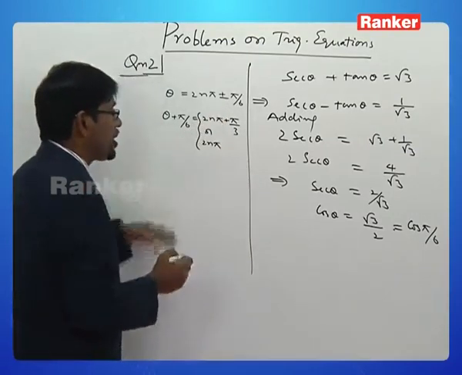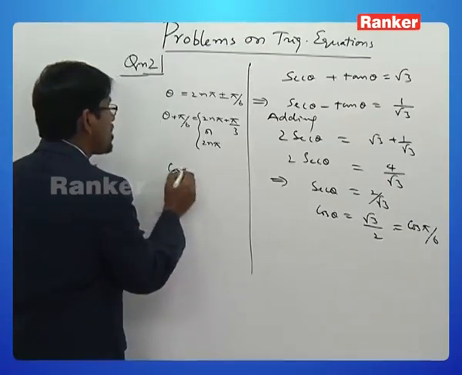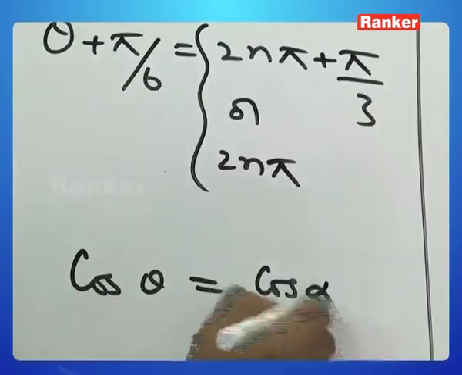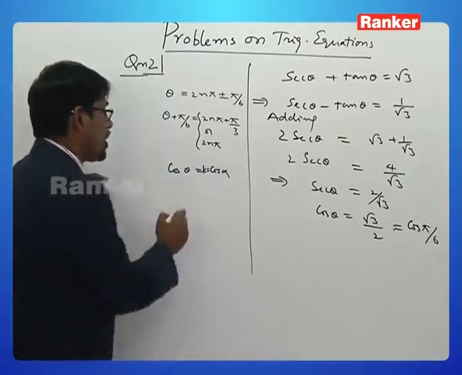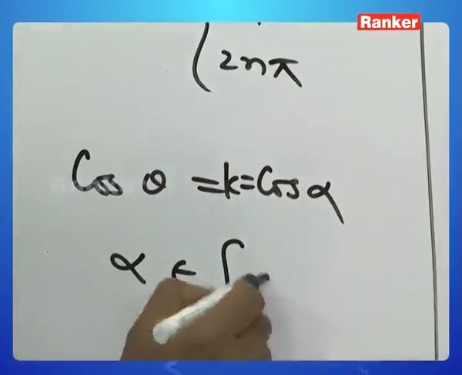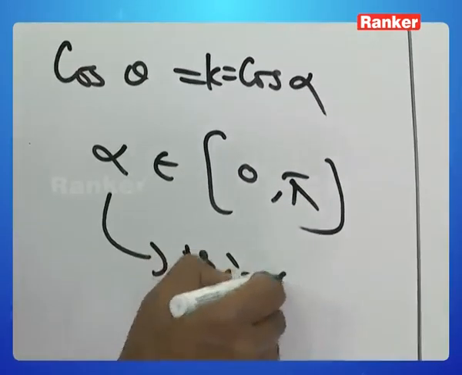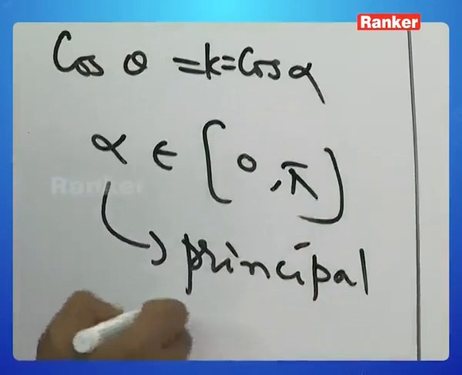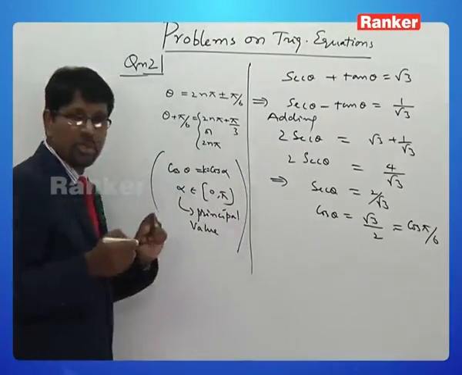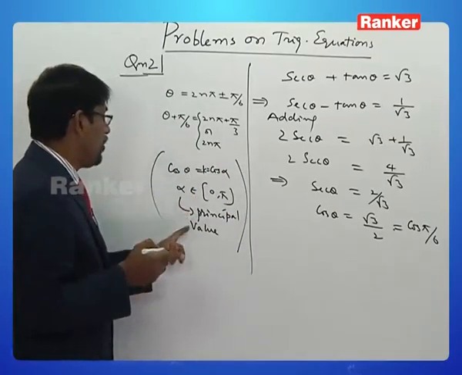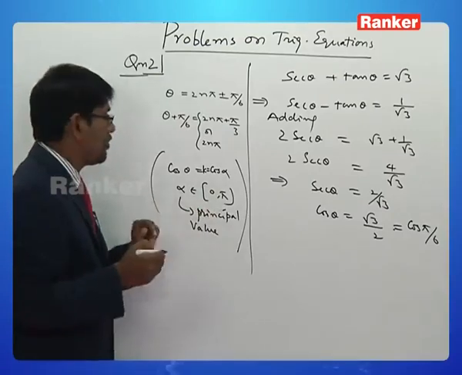Now here let me just recall that whenever you write cos theta equal to k, and k is equal to cos alpha for some alpha belonging to 0 comma pi, this alpha is called the principal value. So the principal solution should lie between 0 to pi.